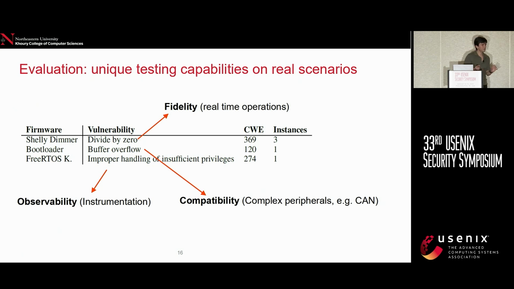Because in some cases, even if the fuzzer is able to trigger these vulnerabilities, they are not able to catch them, and essentially the firmware is going to crash later, so it's very difficult to identify where the bug is actually located, right? And yeah, the last case, FreeRTOS, is quite interesting because we found a bug in the FreeRTOS kernel, which is developed by AWS and is impacting many, many devices.